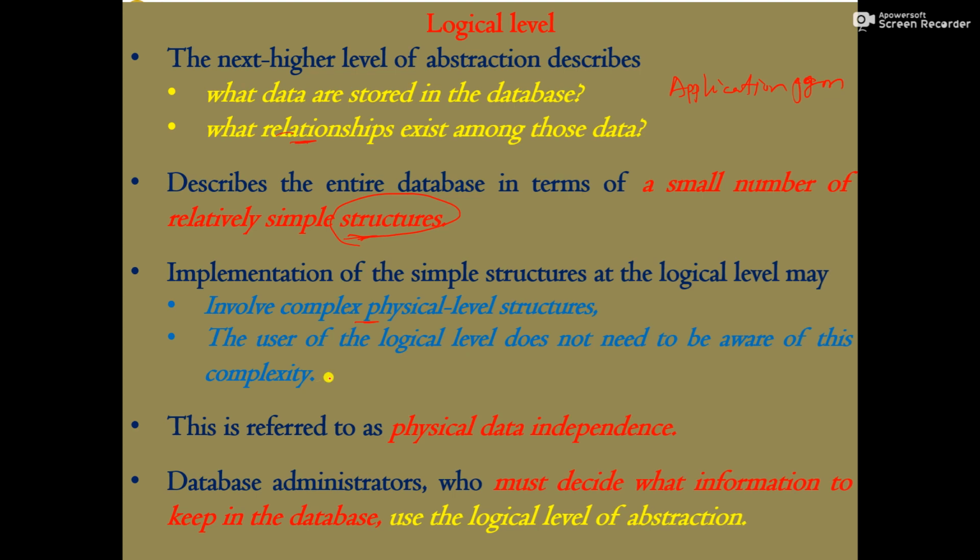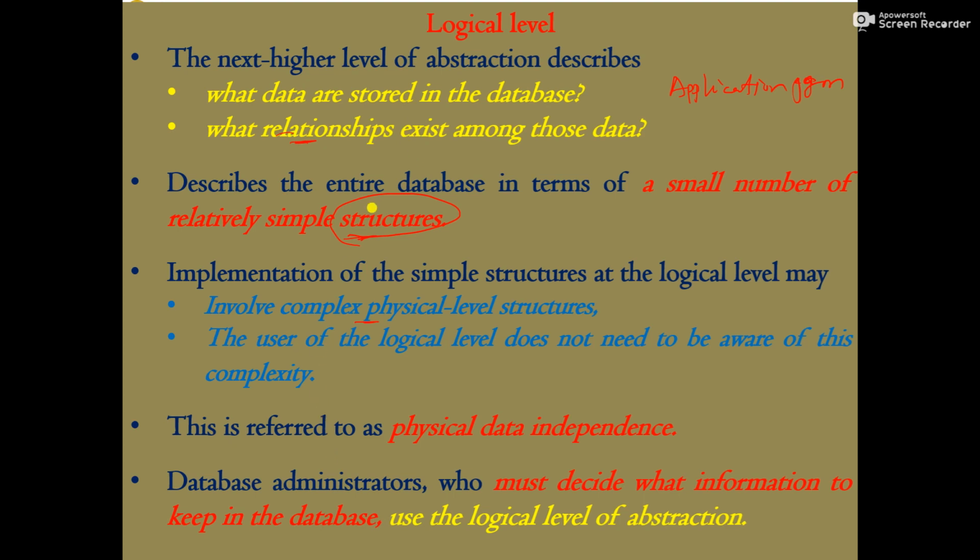Right? So every database administrator must decide what information to keep in the database, because it defines what data is going to be stored, and the relationships are also going to be defined.